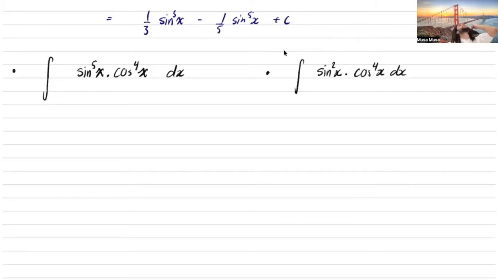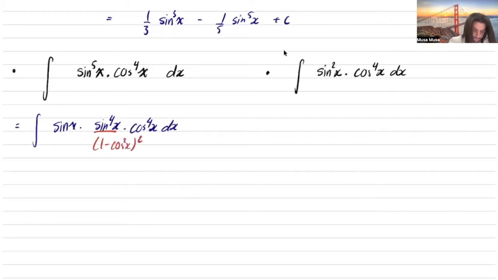Well, this first one is an example of one being odd and the other one's even. So I'm going to isolate, in this case, one of the sines, not one of the cosines. And it's going to be the integral of sine x times sine to the 4x cos to the 4x dx. I'm now going to replace this sine to the 4x with 1 minus cos squared x, all squared, because that's just sine squared, and it's sine squared to the power of 2.